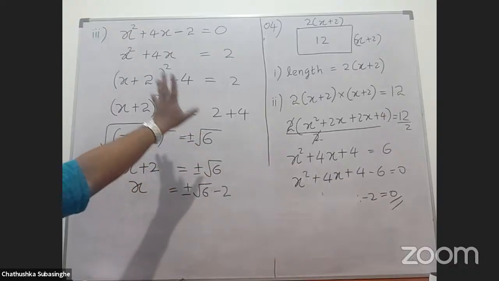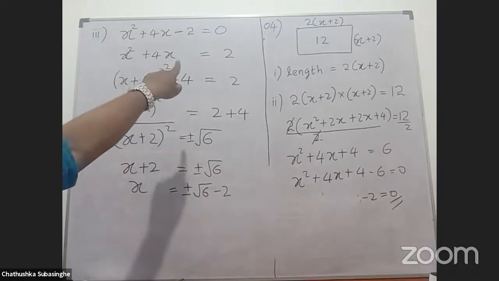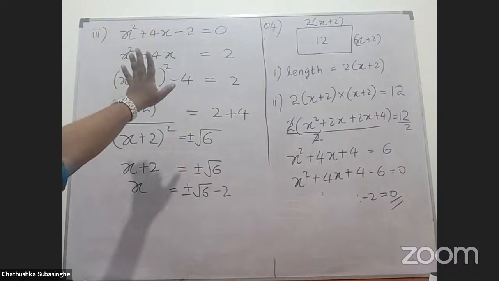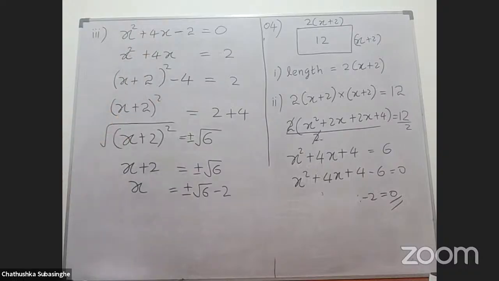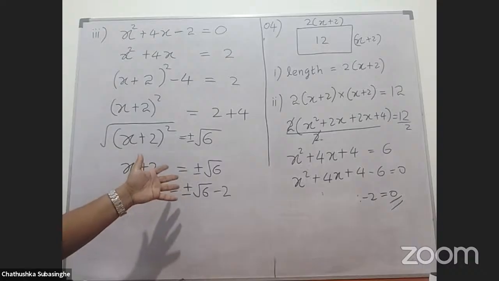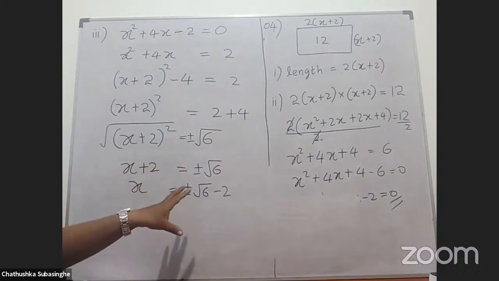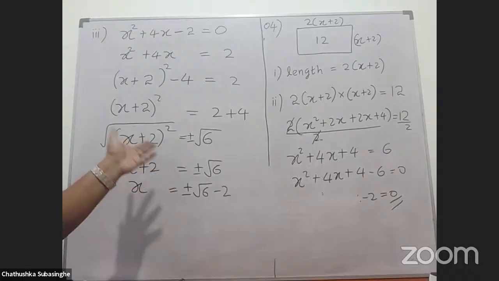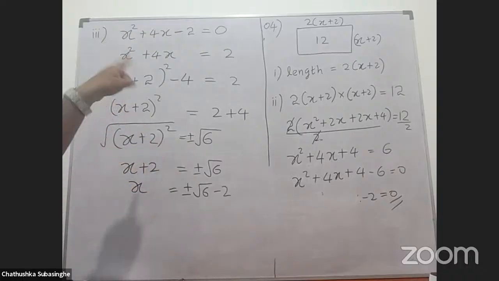That's when I knew that something is wrong. Then again I checked from the beginning, then I saw that something is wrong. Right? So just learn those things also. Okay, so in the question they have given the square root 6, but when I'm solving the question in the previous way, I don't get the square root 6. Right? I get something else. That's why I checked it again. Then only I noticed that there should be a minus sign.